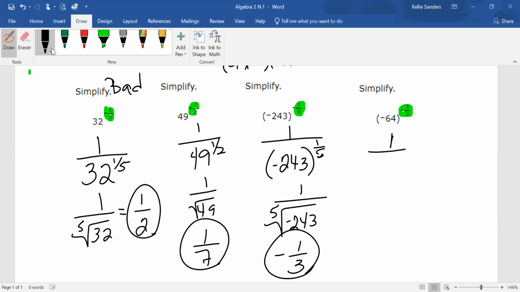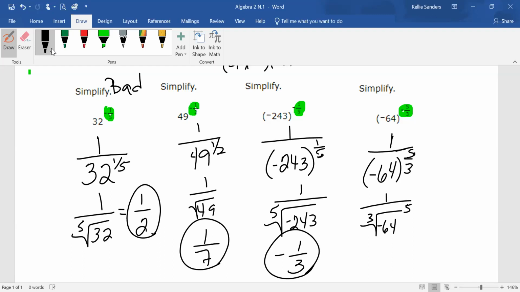1 over the cube root of -64 to the 5th power.